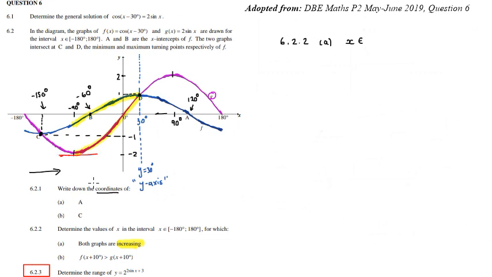Which means that we can't include that. And over there, at 30 degrees, they are equal to each other, so they are neither increasing nor decreasing, they are actually equal. So we can't include that point as well.